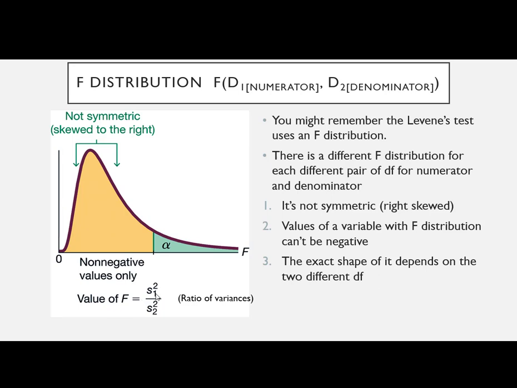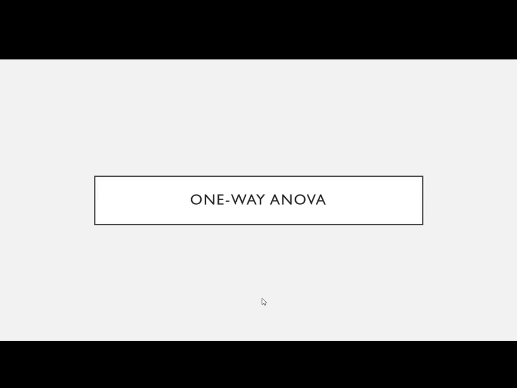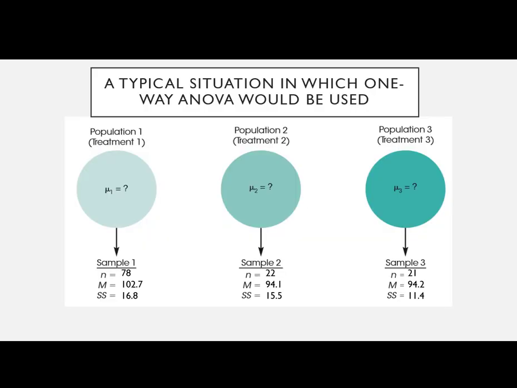The variances for the numerator, or the numerator variation, divided by the denominator variation, and I'll talk a little bit more about that. Because it is a ratio, the values can't be negative, and the exact shape of it depends on the two different degrees of freedom, but you'll see that it is a right-skewed distribution, and it's not symmetric. So, one-way analysis of variance, or one-way ANOVA.